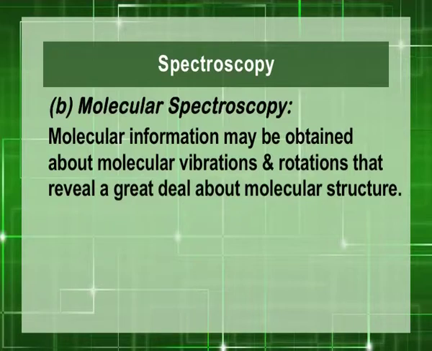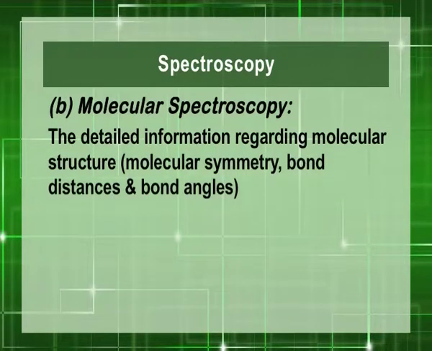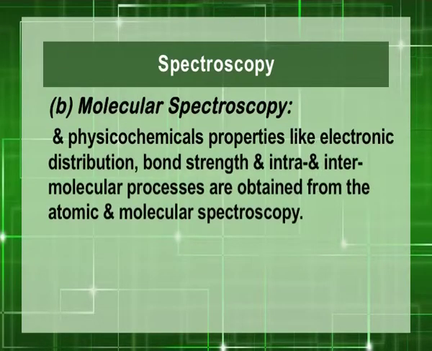Molecular information may be obtained about molecular vibrations and rotations that reveal a great deal about molecular structure. Detailed information regarding molecular structure, molecular symmetry, bond distances and bond angles, and physico-chemical properties like electronic distributions, bond strength and intra and intermolecular processes are obtained from atomic and molecular spectroscopy.